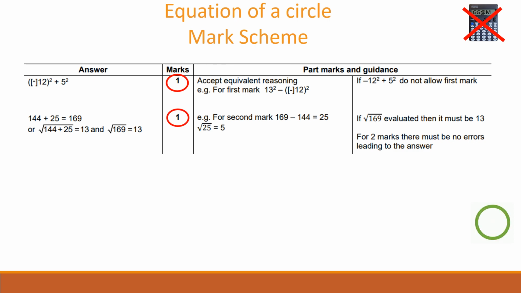And the second mark comes from putting the values in the formula and working out the radius is equal to 13. You should also spot that you have got 12 and 5 and the answer is 13. This is a Pythagorean triplet, so you could have spotted that if you've got the values 12 and 5, then the hypotenuse is going to be 13 from the Pythagorean triplets, or you could just work the values out by putting them into the formula, but it will give you the same answer.